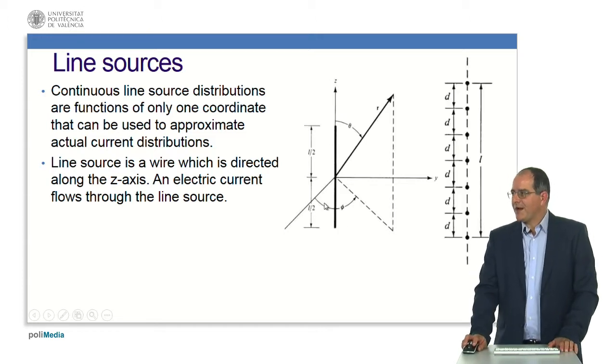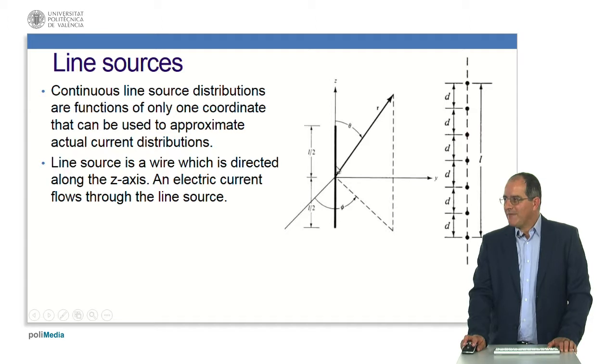This problem can be quite similar to the corresponding discrete counterpart, and we could consider that this line source could be sampled in different positions apart from each other. So this problem is quite similar to this one.